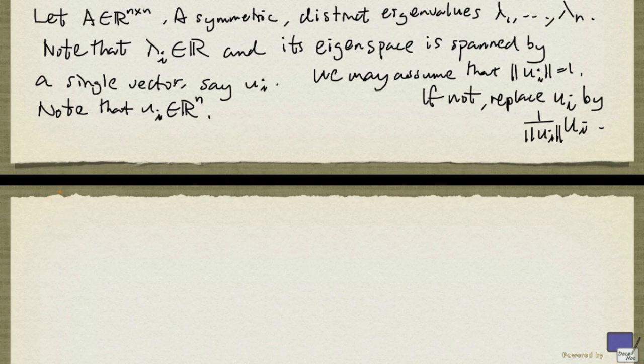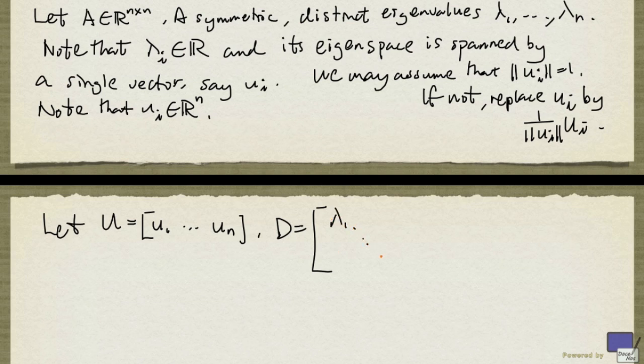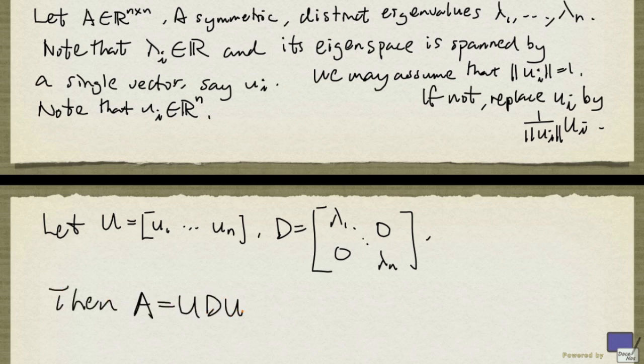And so if we let U be the n by n matrix with columns u1 up to un, and D be the diagonal matrix with lambda 1 up to lambda n on the diagonal and zeros everywhere else, then we can write A as U times D times U inverse.